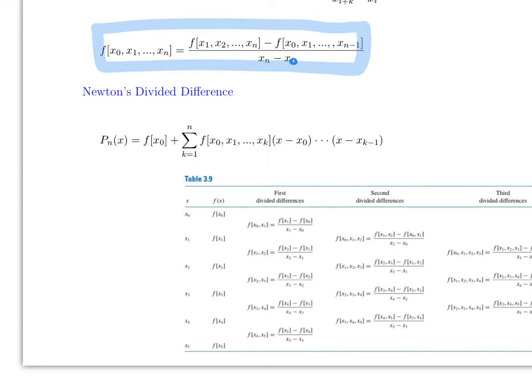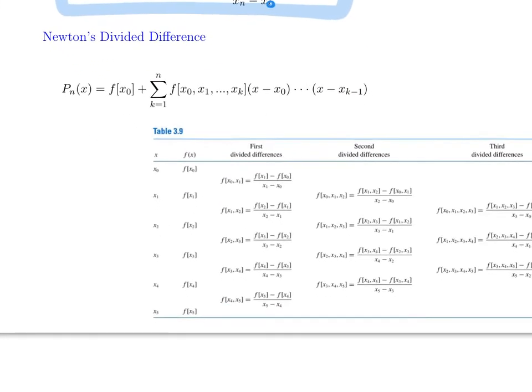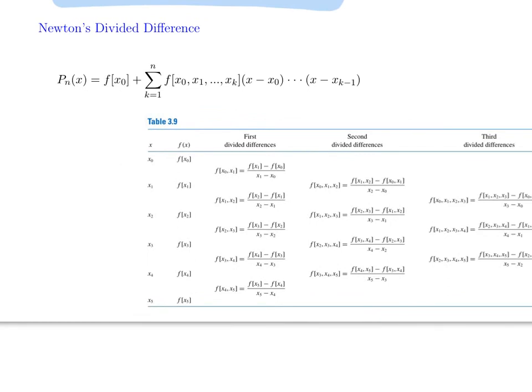So clearly you can see this is a polynomial of degree n, where the divided differences are given in this table. So you can see how you can form this recursively, and this is very similar to what we did in the last section. So this is the first, the second, and then the third, and so forth.